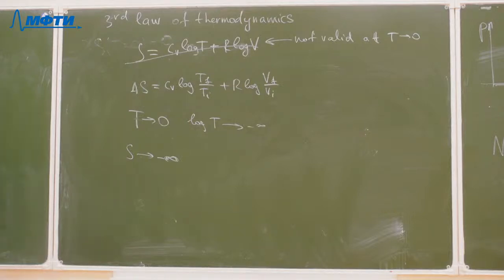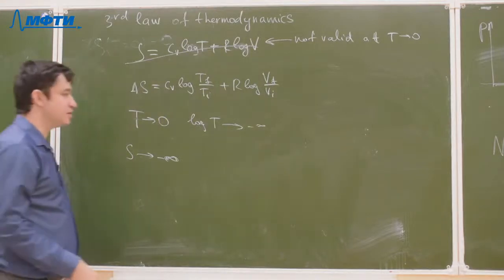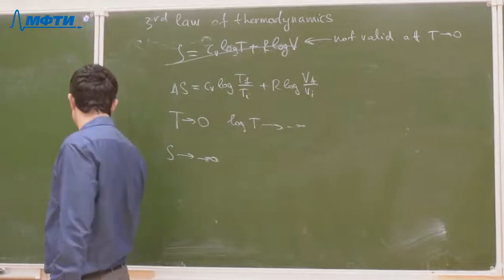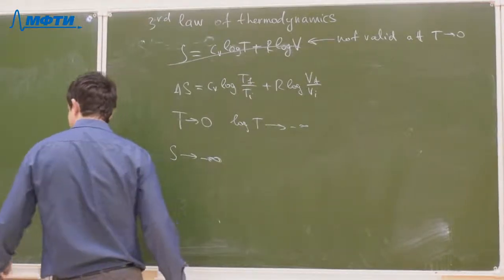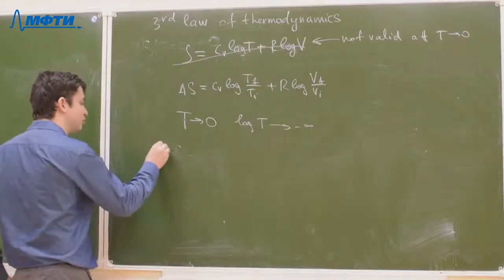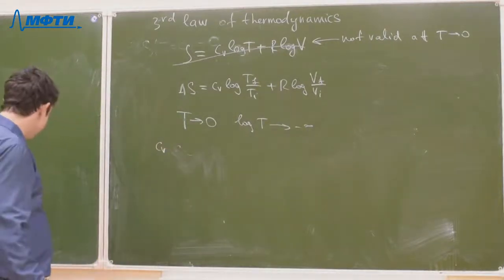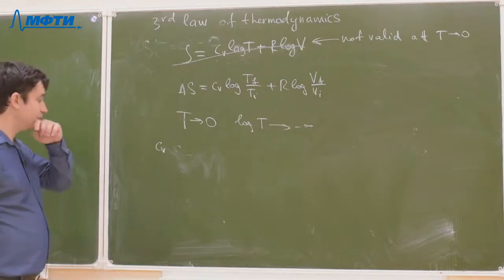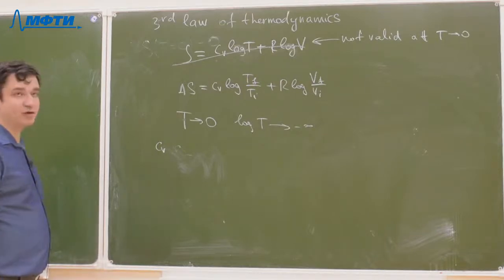So let's look closer at how we can satisfy this condition that the entropy should be a finite value when you approach 0 temperature. Let's study this quantity which is called CV. CV is a molar heat capacity at constant volume.